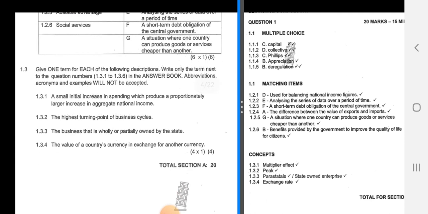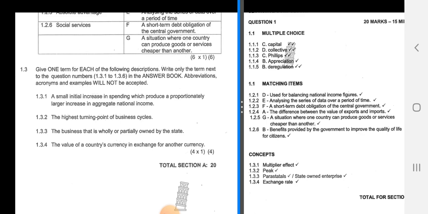And then give one term for each of the following descriptions. Write only the term next to the question number. That's 1.3. So 1.3.1 says a small initial increase in spending which produces a proportionally larger increase in aggregate national income. That is the multiplier effect. And then 1.3.2 says the highest turning point of a business cycle is a peak.